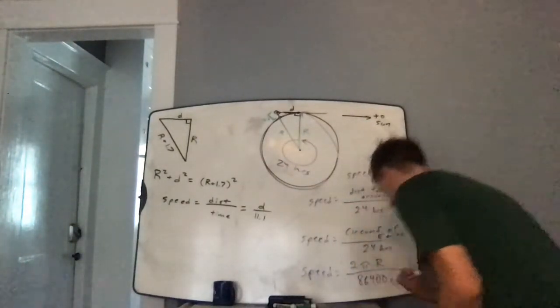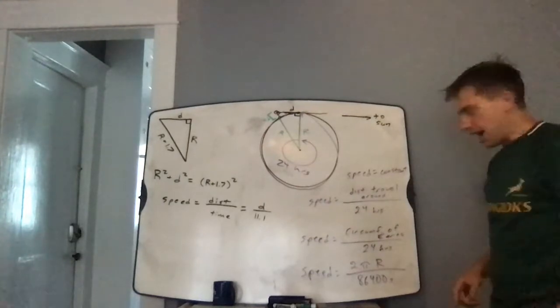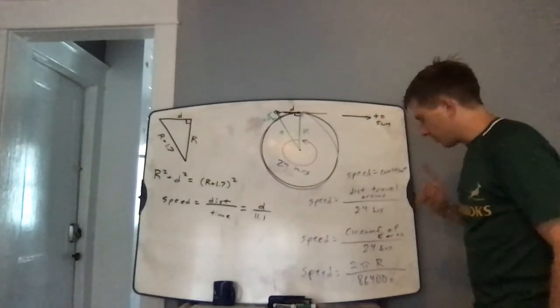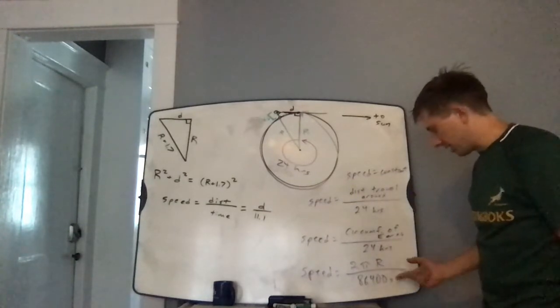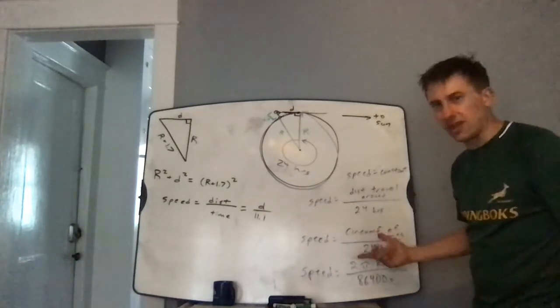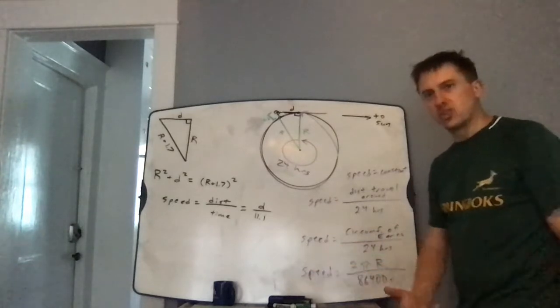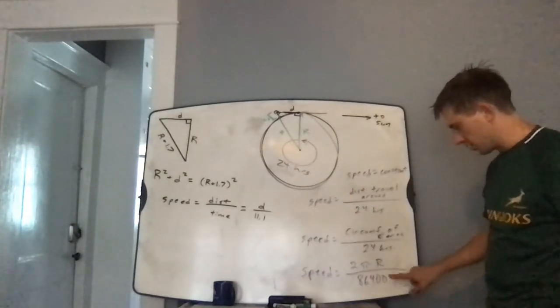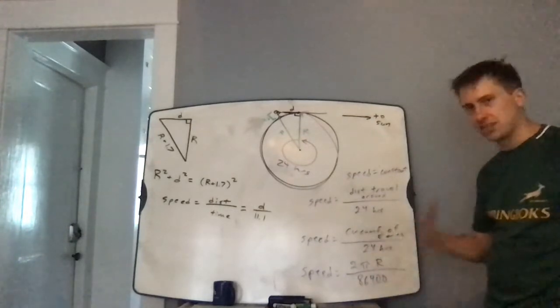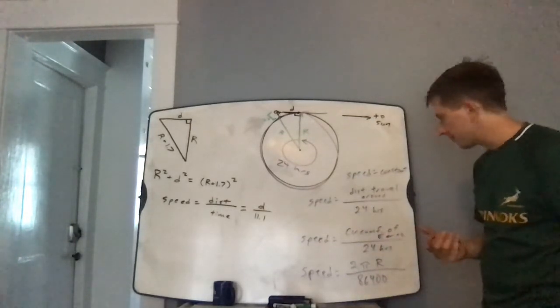So I do not know what the speed of the Earth is, but I can write the speed of the Earth in terms of the radius of the Earth. You convert hours to minutes, minutes to seconds. You eventually get this number, 86,400 seconds for 24 hours.